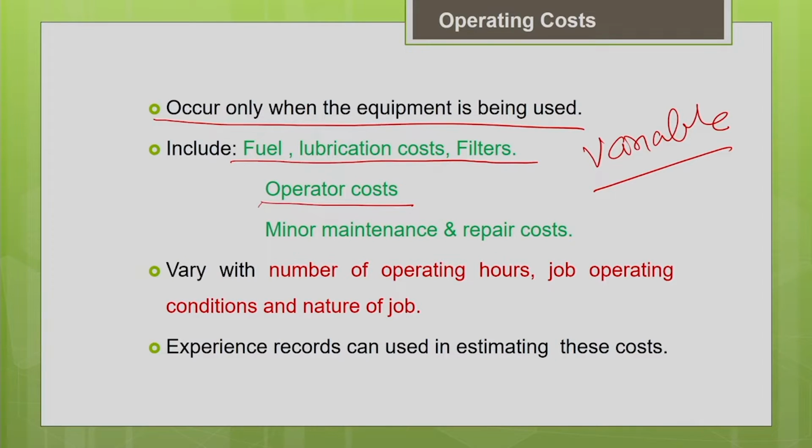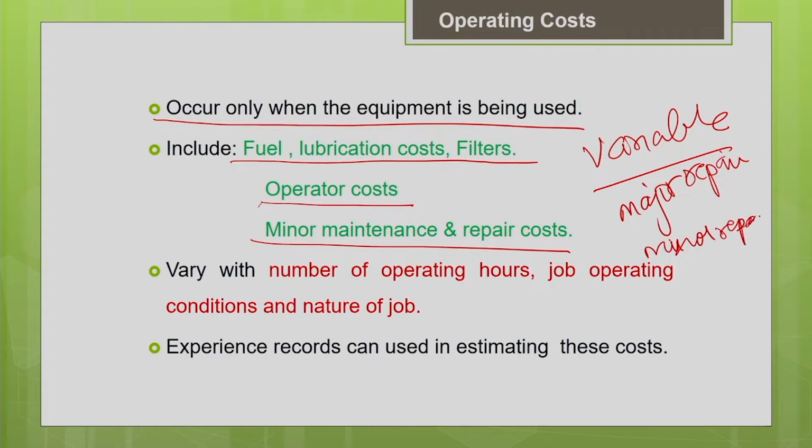Then there is the maintenance and repair cost, which can be either major or minor. Major maintenance and repair involves huge replacement of a particular part of the machine and a huge investment, so it is usually accounted under the ownership cost. Only the minor repair cost is considered under the operating cost.